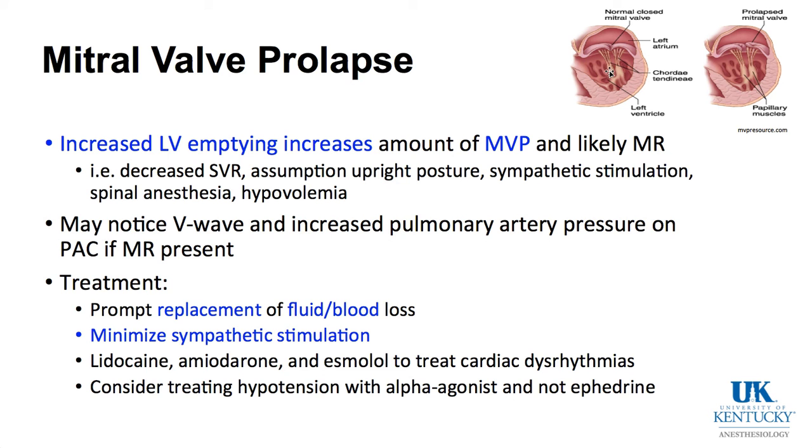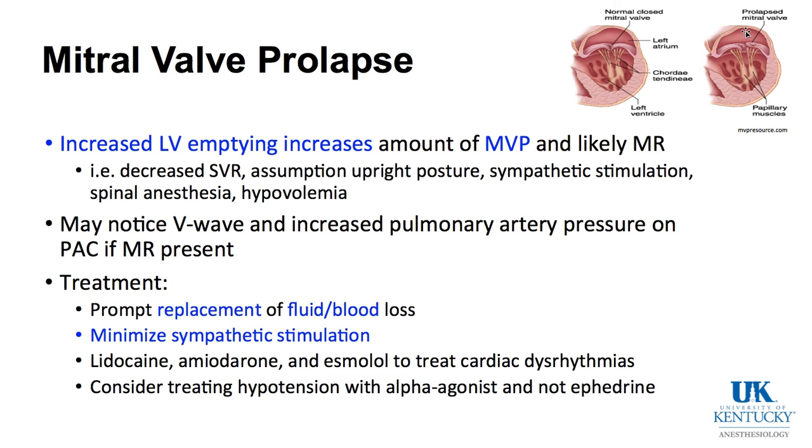But in the case of mitral valve prolapse, you have, in this case, intact papillary muscles, intact chordae, but prolapsing of the mitral valve leaflet up into the left atrium, billowing, possibly a redundant mitral valve in this case, and mitral regurgitation may or may not be associated with that prolapsing. Anything that increases LV emptying can increase the amount of mitral valve prolapse and likely mitral regurgitation.